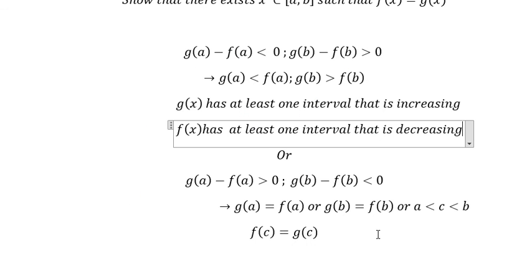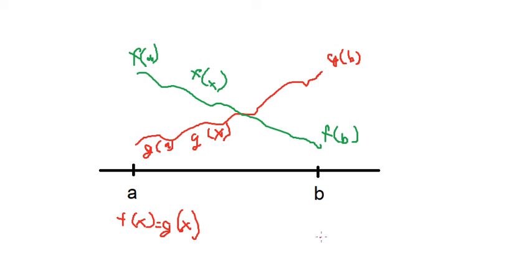Or they have the same value at b, so we still have f of s equal to g of s, because we found the point b is the same value for the two functions. And the same for c here.